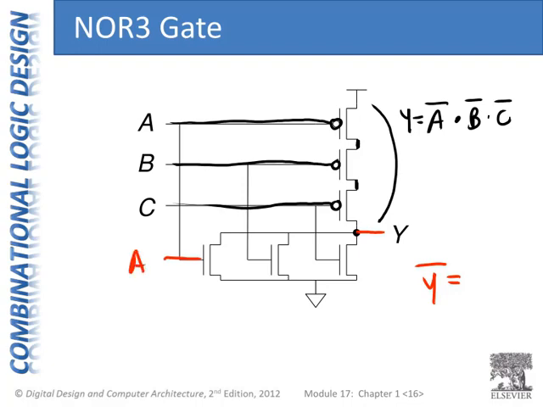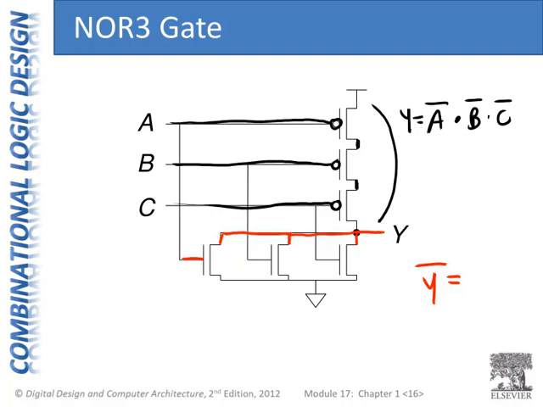There's only one input, A, and I need to wire anything that needs to be driven by A to that wire. But for ease of schematics, you can also connect them by name. So here we have A. It's in a parallel relationship. These are all in parallel relationships with Y and ground.